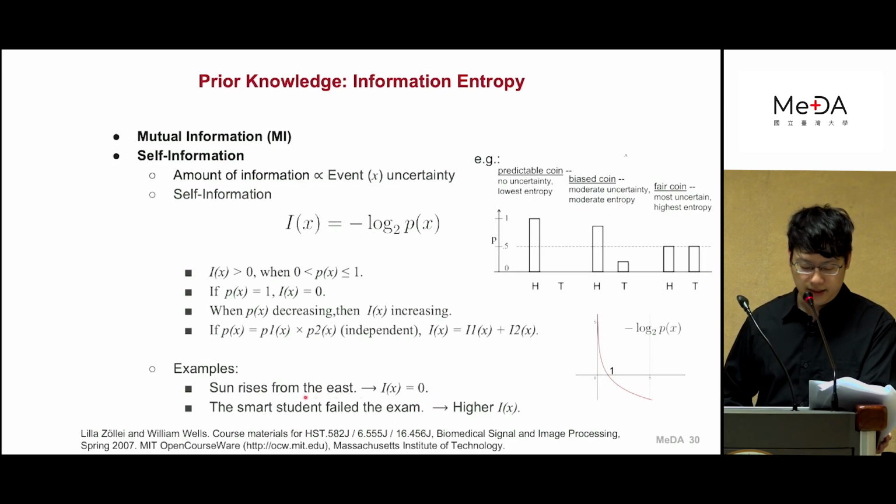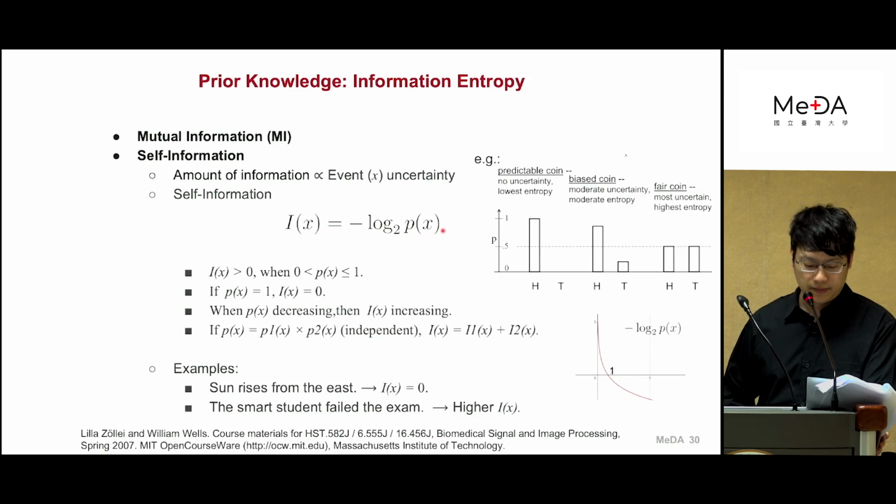On the other hand, consider the event that a smart student failed the exam. This event has low probability because the smart student was expected to pass the exam. So the lower probability leads to higher self-information. The definition of the self-information is equal to negative log of the probability of the event X.